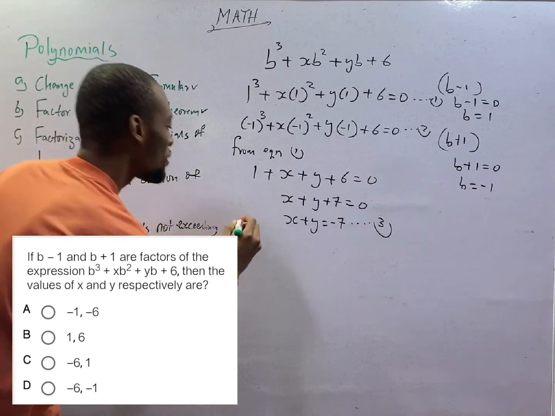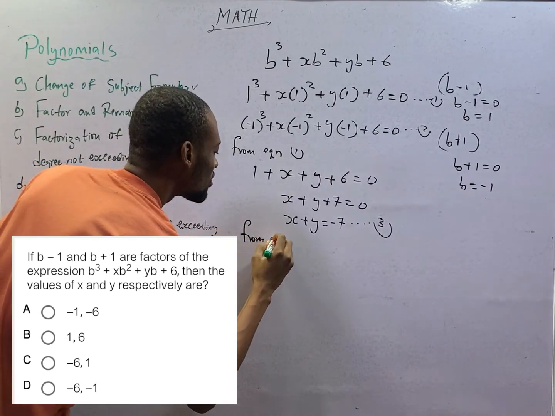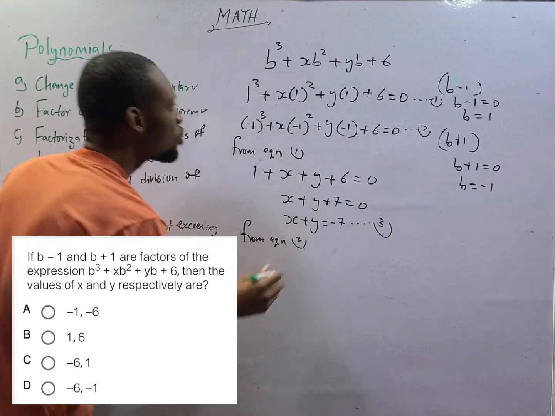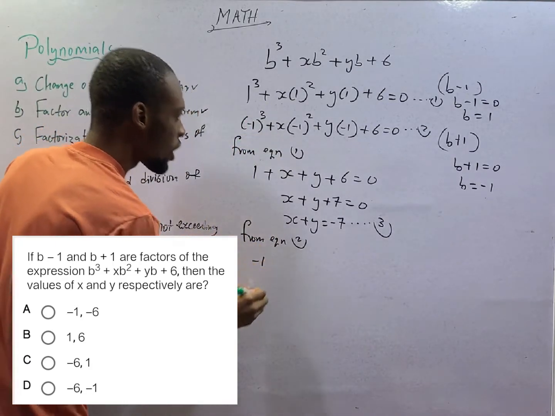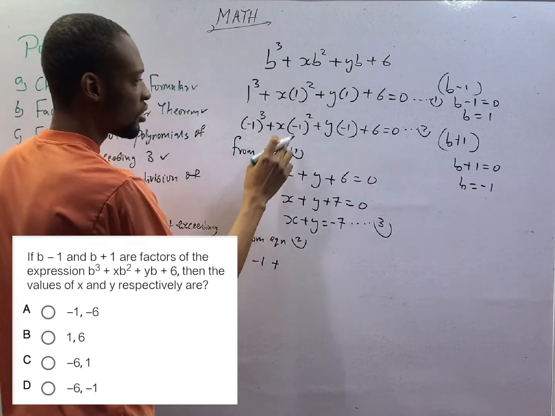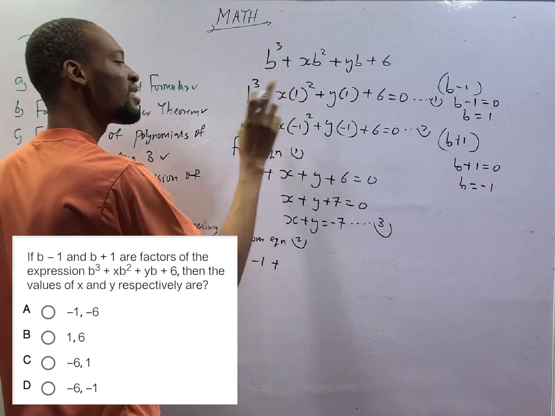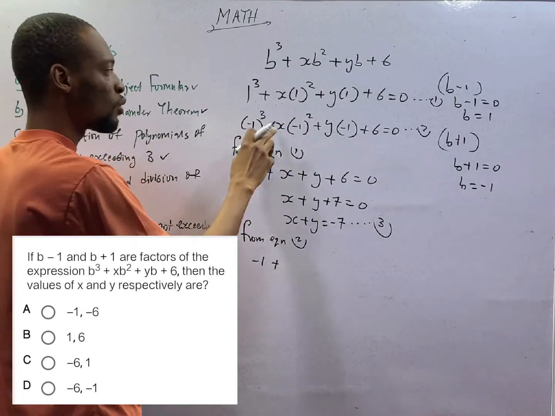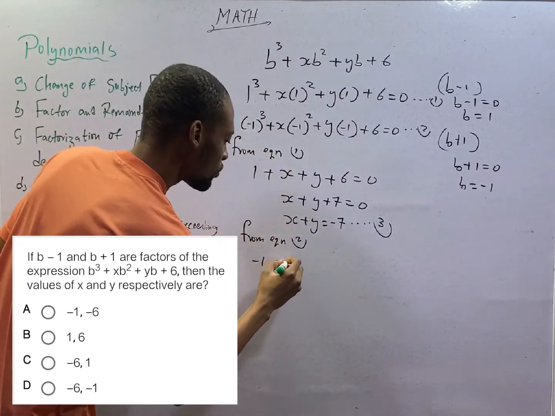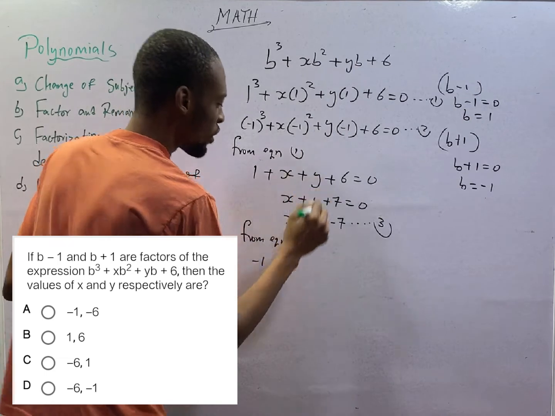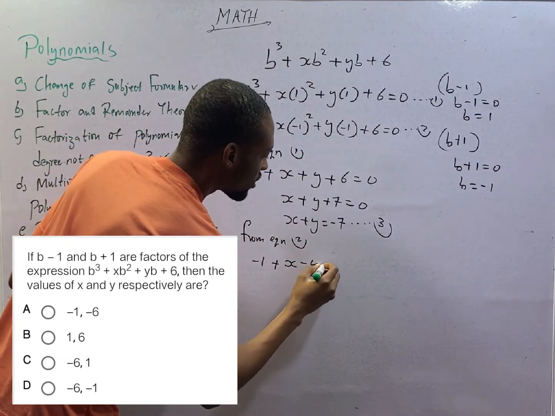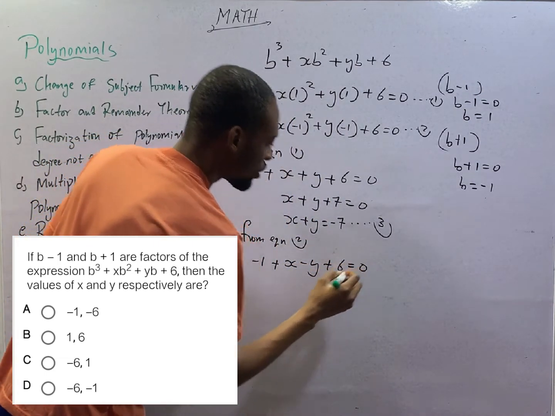Now, from equation 2, minus 1 raised to the power of 3 is minus 1, plus minus 1 squared is 1, times s is s, so plus s. Y times minus 1 is minus y, so minus y plus 6 is equals 0.